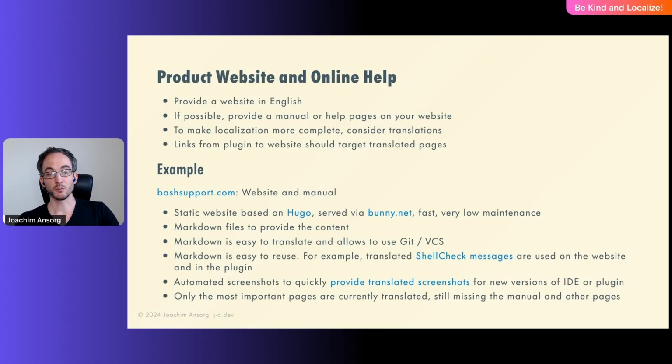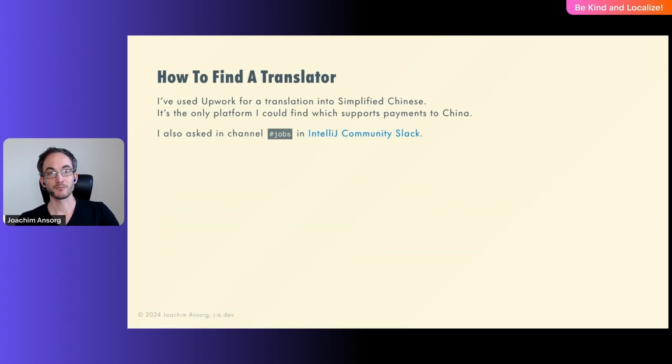And only a few pages are currently translated, so it's not complete. I used Upwork to find a translator. At least that was the only platform I could find to work with Chinese translators. There's also the IntelliJ community Slack. There's a jobs channel, but it's very low traffic.